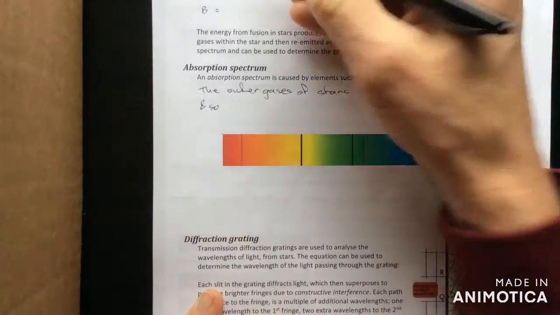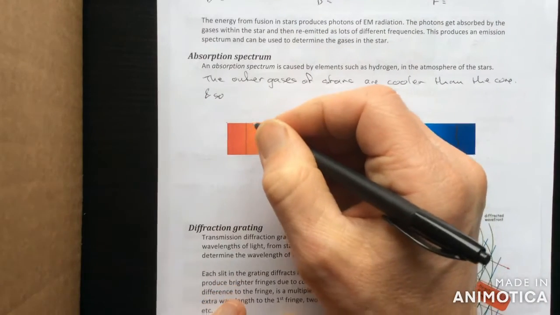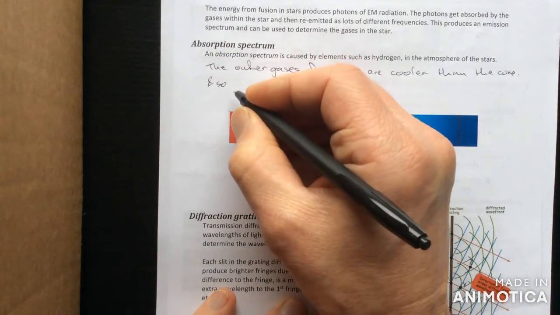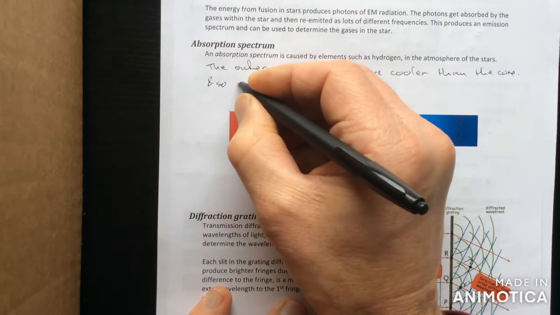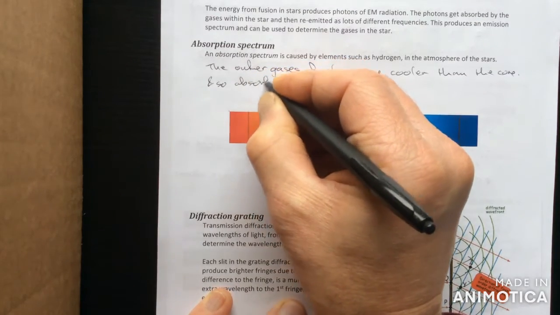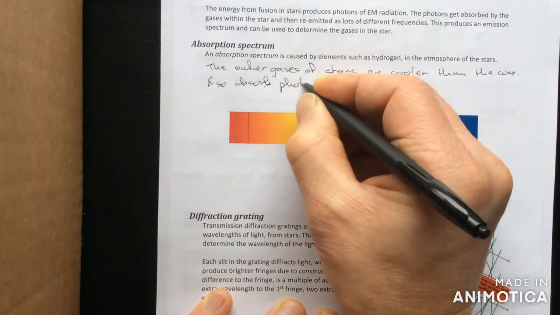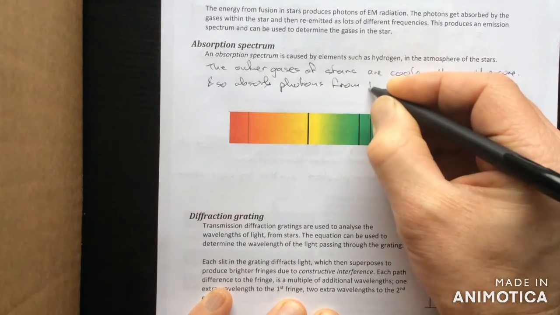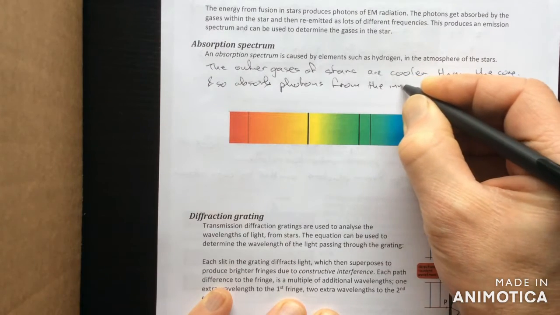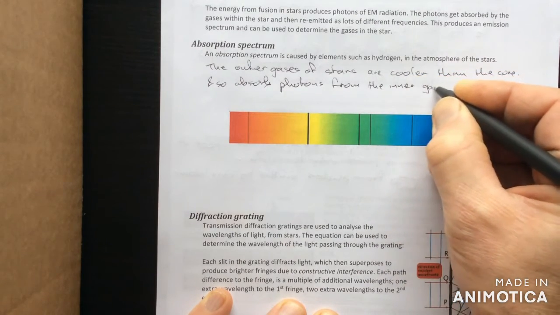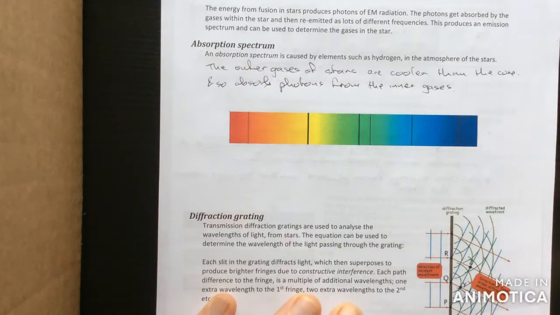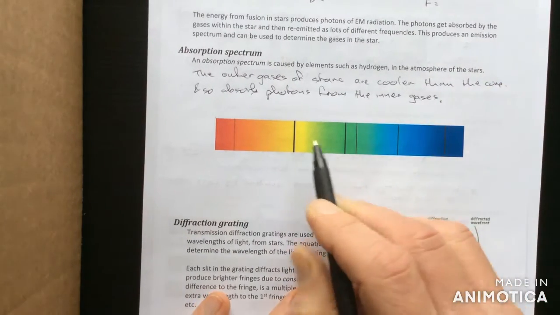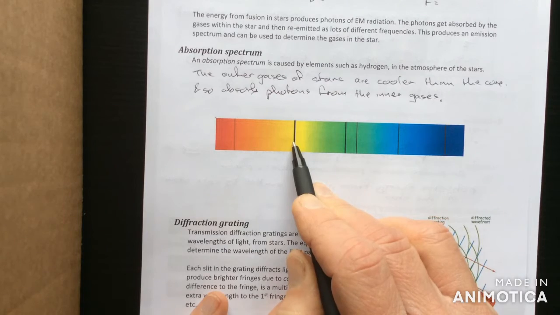We don't give out light, but we excite them by absorbing energy from photons coming out. And so, yeah, absorb photons from the inner layers, the inner gases. What that means is that you end up with photons missing because they're being absorbed.